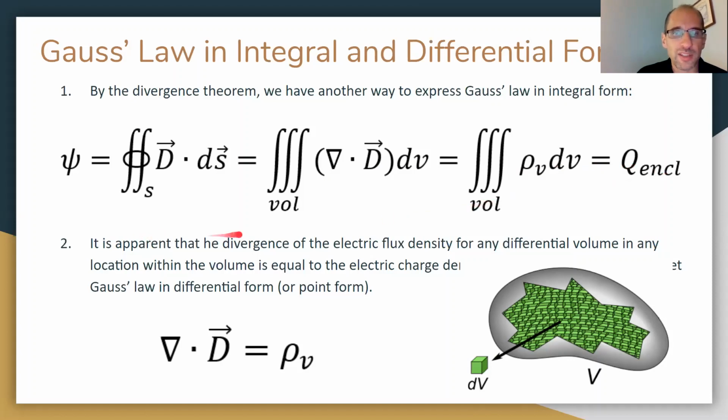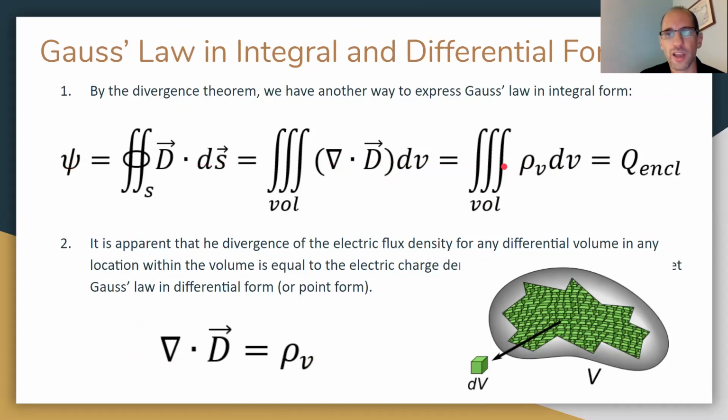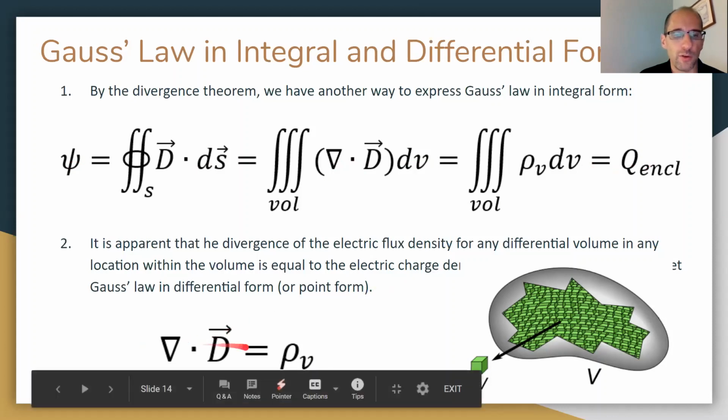And it's apparent from this, if you see we have this volume integral here and this volume integral here, then del dot D, in other words, the divergence of the D field at any location in space, is going to be equal to the electric charge density at that location. And that is what we call the differential form, or the point form of Gauss's law. So this is the integral form of Gauss's law, and this is the point form or the differential form of Gauss's law.